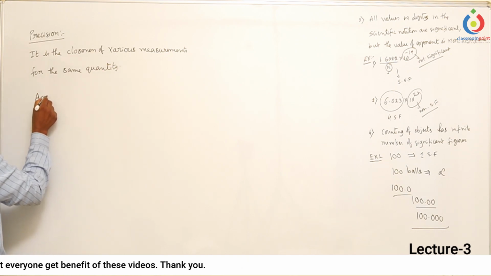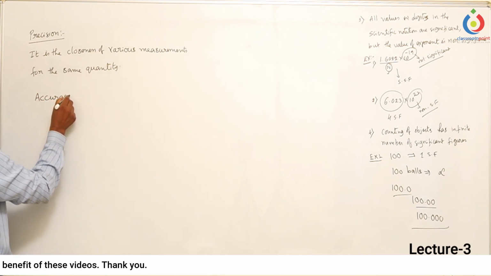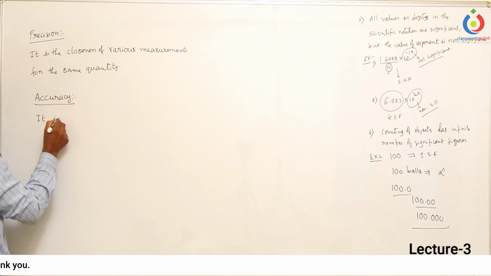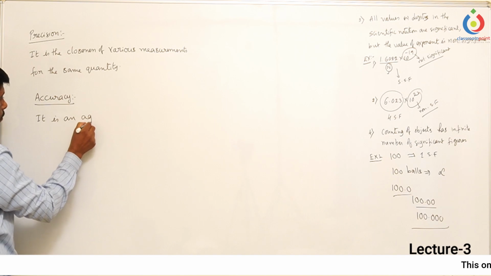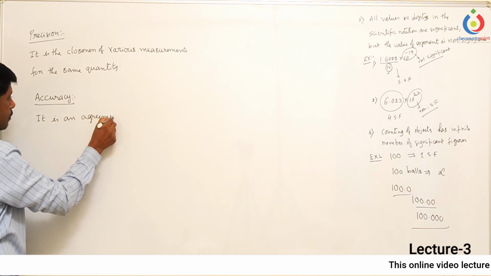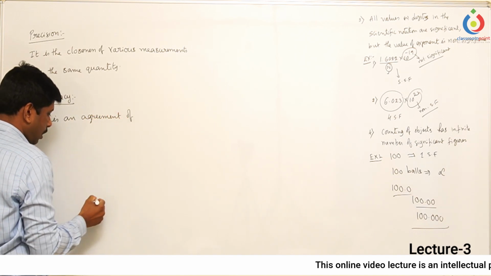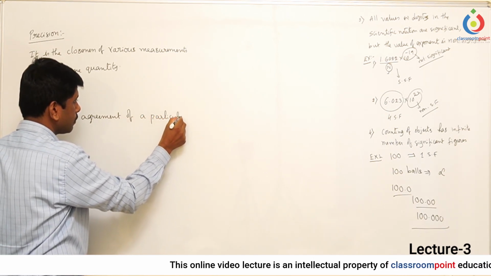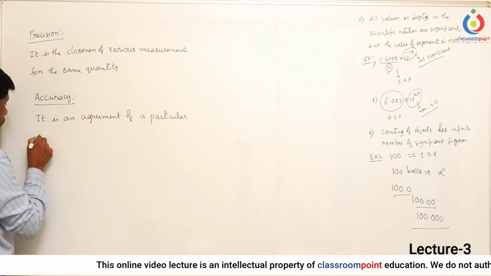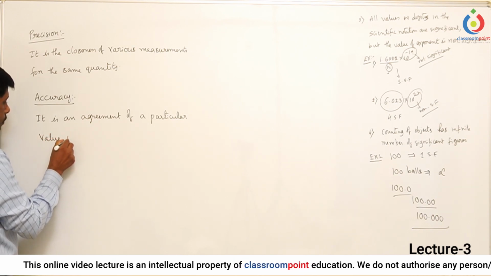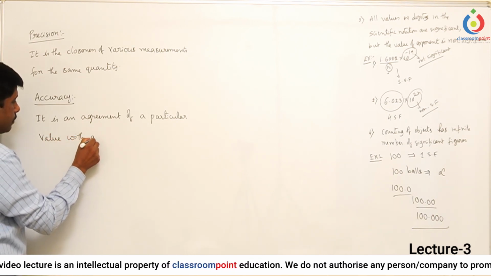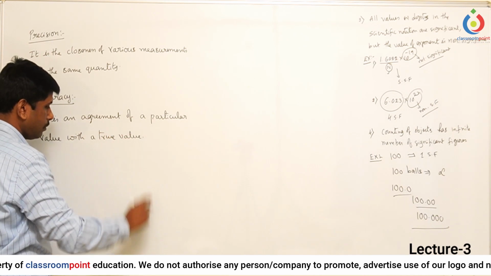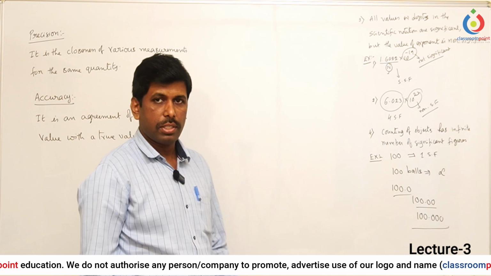And accuracy, it is an agreement of a particular value with a true value. That is called the accuracy.